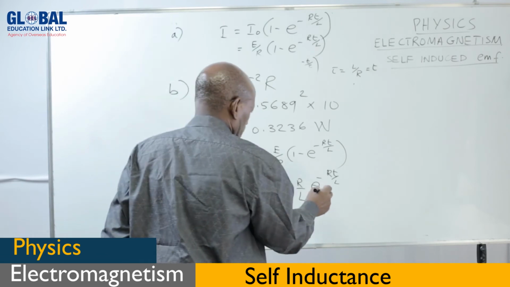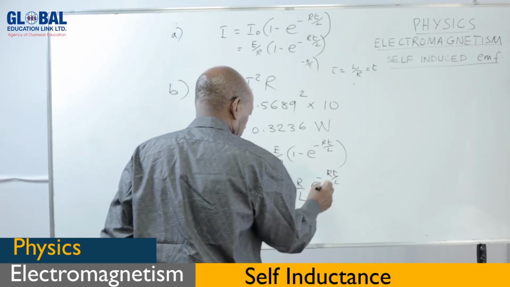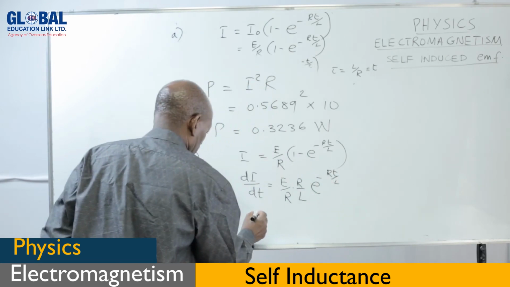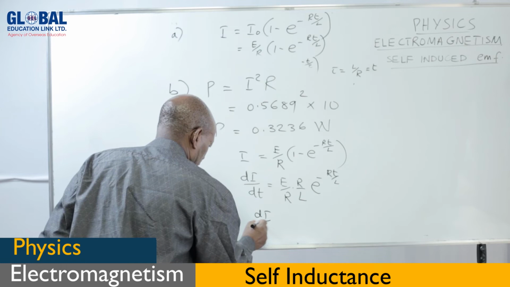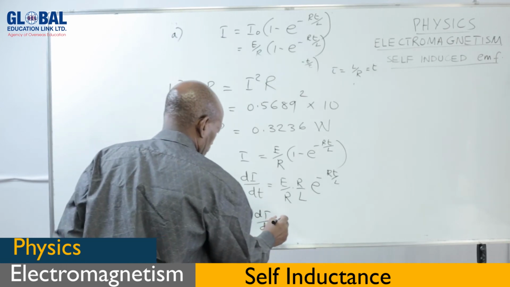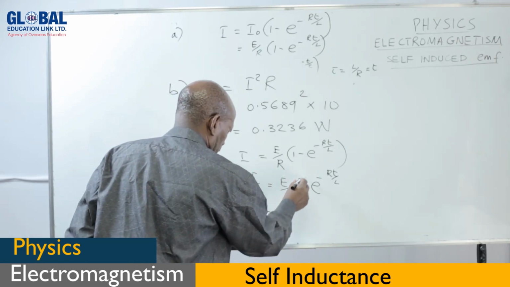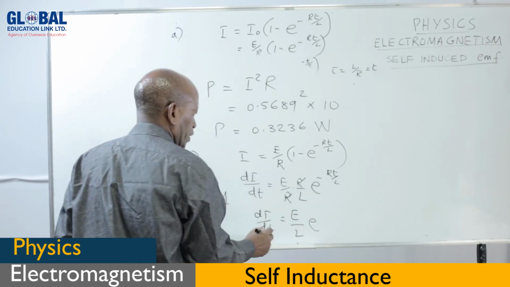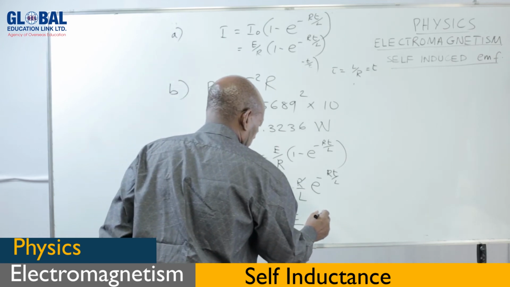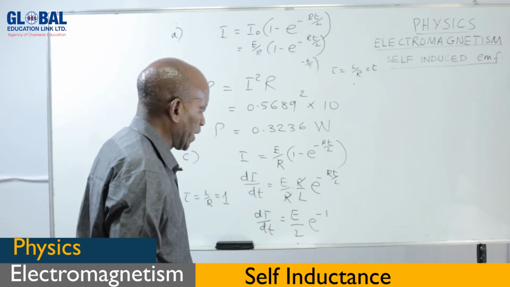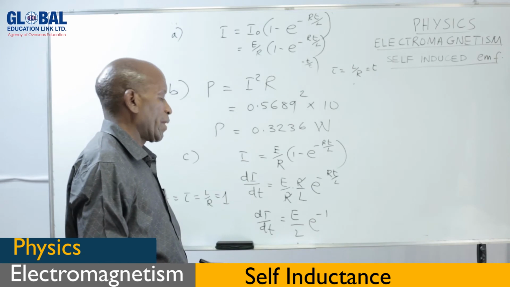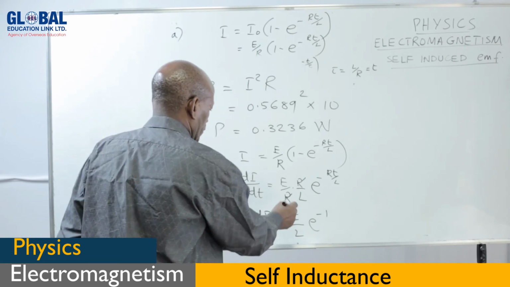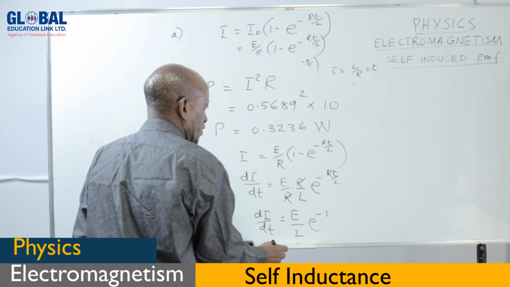So for that case, when the time t is just equal to that much, we have di dt equal to E over R times R over L. This and this will cancel, and we shall be remaining with E over L times e power minus 1. And therefore, we just have to substitute for these values to obtain di dt.